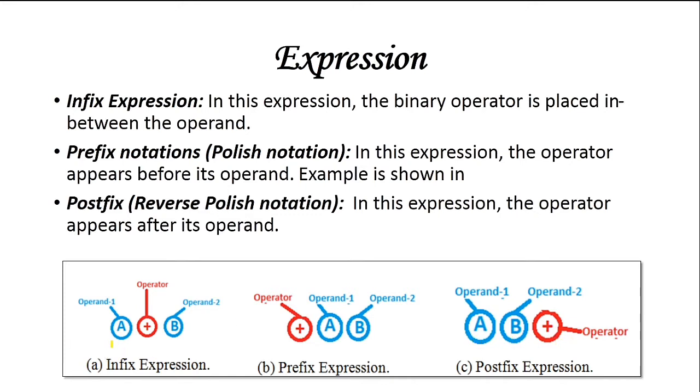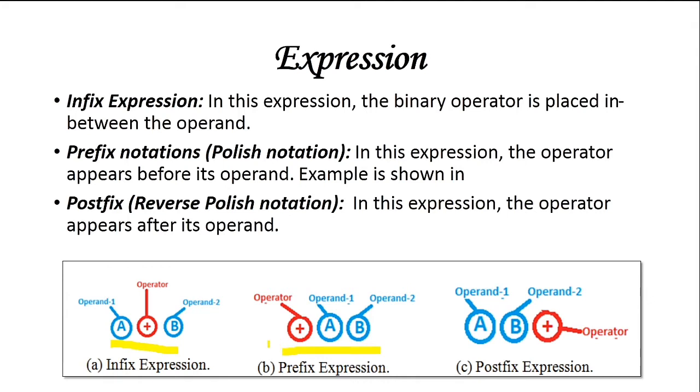So if you consider this example, A plus B, plus comes in between two operands, so I can call it an infix expression. Here, if I convert it into prefix expression, I will get plus AB. That means plus comes before A and B. A and B are the operands, so plus is the operator.